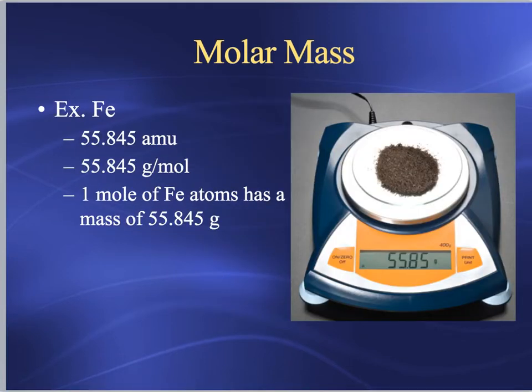So just for example here, if I had some iron and I looked at the periodic table, it's got an atomic weight of 55.845 AMUs, right? That's its atomic mass. But it's also its molar mass, 55.845 grams per mole, which means if I go and put iron on a scale and I weigh out 55.845 of it, this is what 1 mole of iron would look like.